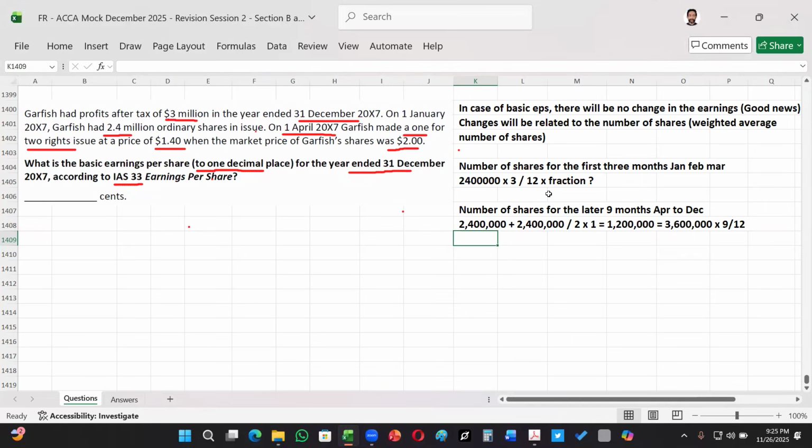The EPS could go up or down without any change in the performance of the company, because we haven't changed the earnings. Whenever there is a change in the performance of the company, the earnings go up or down. The earnings are the same, but the number of shares are changing. So this is going to have an adverse impact on the EPS.